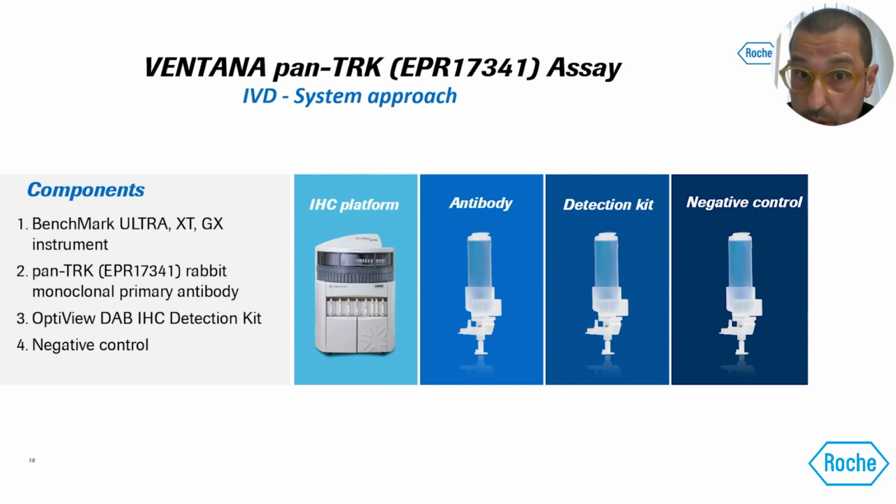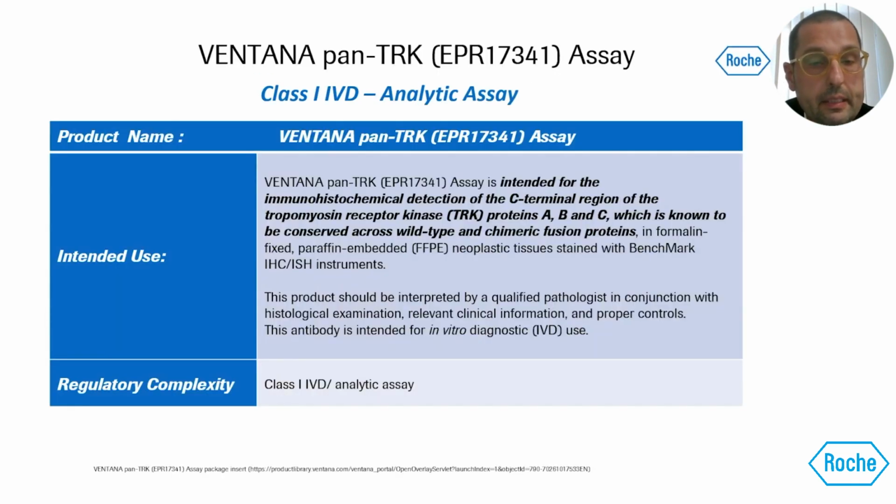This Ventana antibody is optimized for the Ventana BenchMark ULTRA instrument, and it works very well on this immunohistochemical platform. This is the basic information about this Ventana pan-TRK antibody.